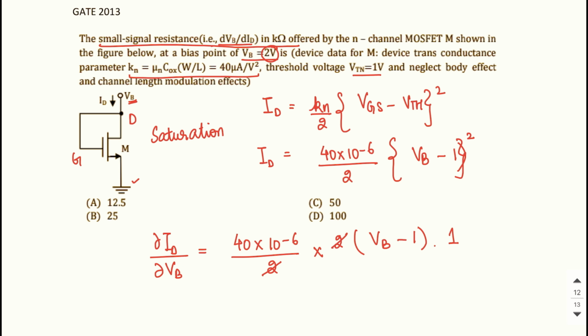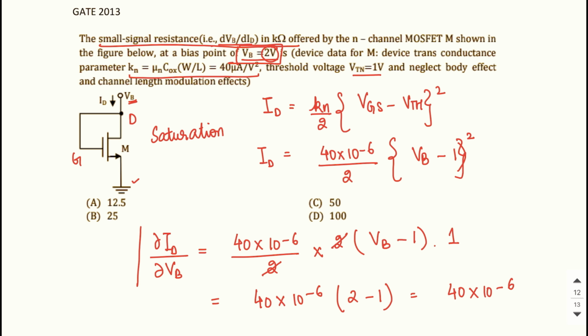So the 2 gets cancelled with 2 and you have 40 into 10 to the power minus 6, and now you can substitute the value of VB which is given, that is 2 volt. So 2 minus 1 which is 1, and this is 40 into 10 to the power minus 6. Now this is the value of delta ID upon delta VB.